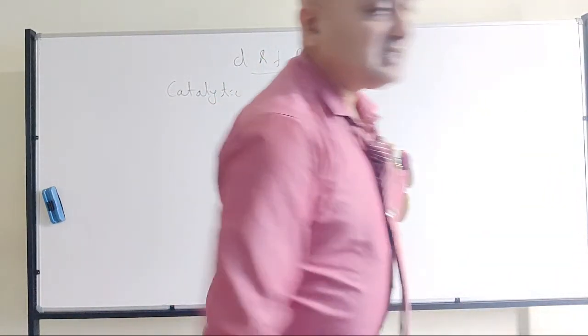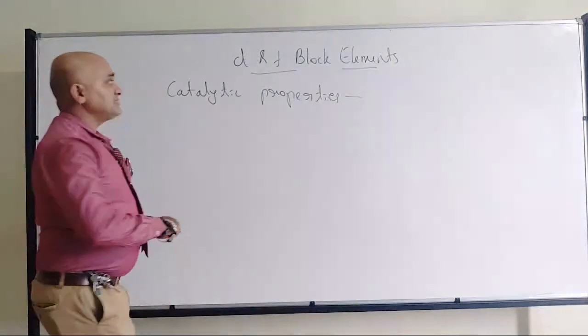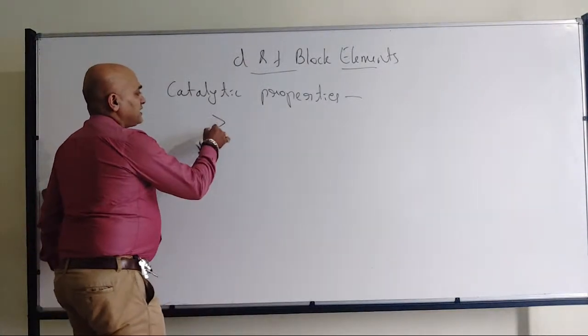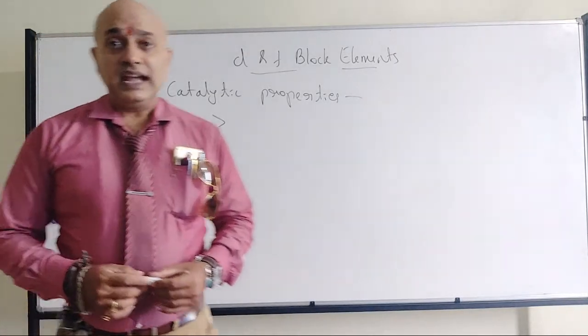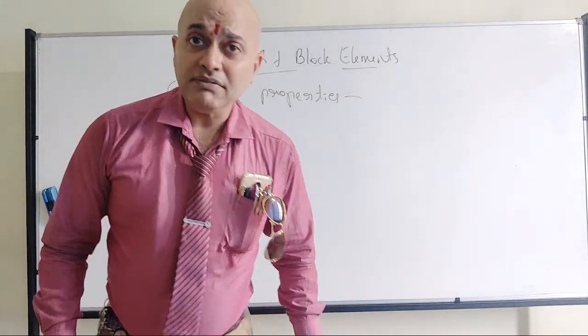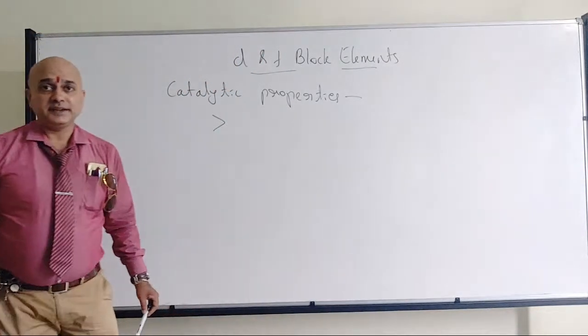What might be the reason? The reason here is very simple. When it comes to alkali or alkaline earth metals, as I told you, they will have a +1 or +2 charge respectively.